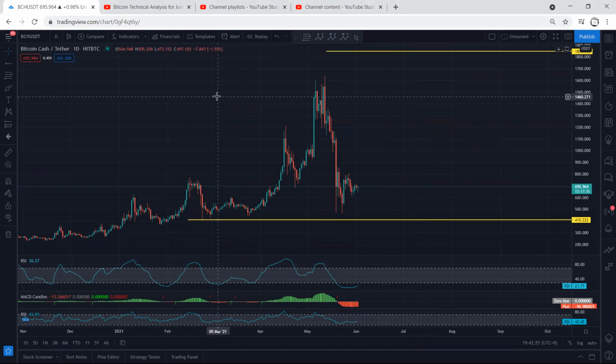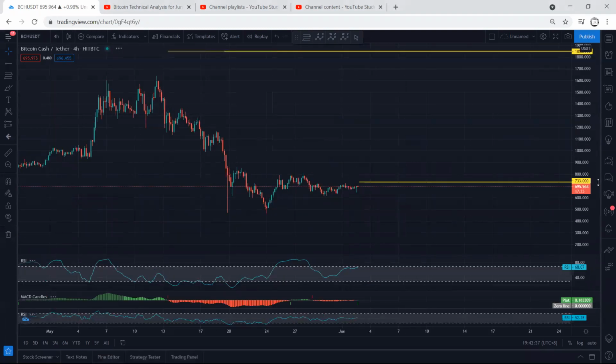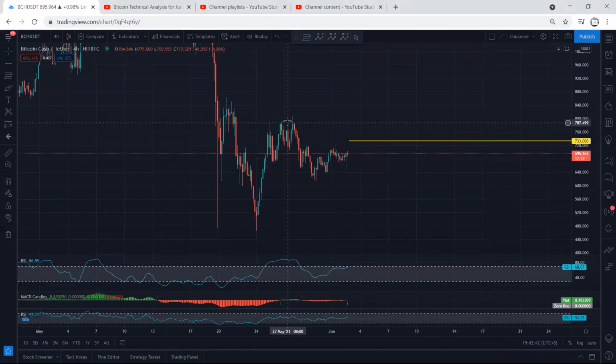Then from there, if we get any opportunity for buy or sell, we try to see how we can look for trade. If we move to the daily chart, we have nothing to discuss. Mostly we can refer to the 4 hour chart because we expect this one to turn into a big correction. Everything is similar to what I explained in my last analysis. On the 4 hour chart, the only thing is we want to see whether this one can turn into a correction relative to this for one more drop or not.